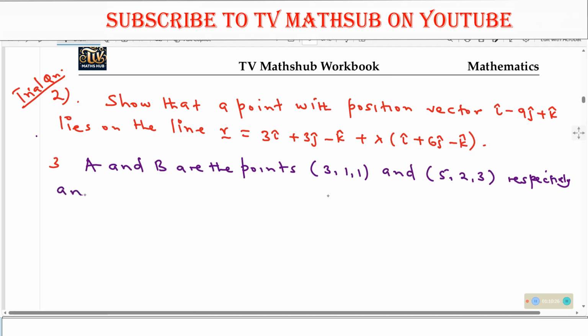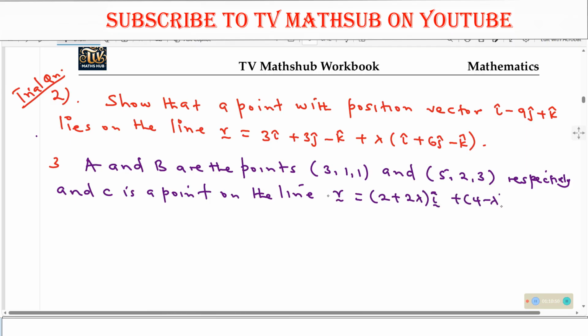And C is a point on the line r equals (2 plus 2 lambda)i plus (4 minus lambda)j plus (negative 2 plus lambda)k.